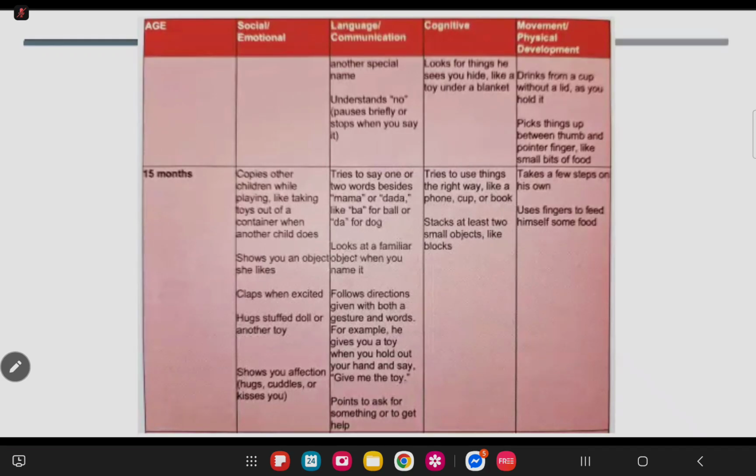For cognitive, they stack at least two small objects like blocks and try to use things the right way, like a cup, maybe a book. Okay. Movement: takes a few steps on his own. Actually, you can already see this as early as 12 to 13 months, but this source has it at 15 months.